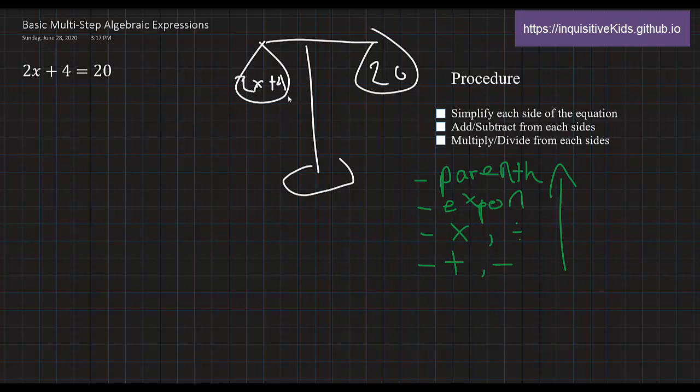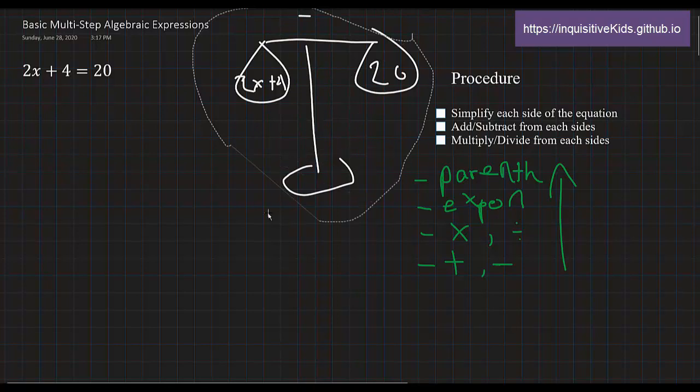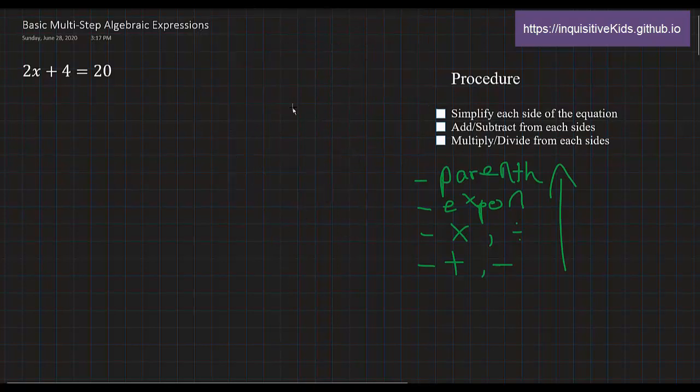So if we want to get rid of this 4 on the left side, we also have to get rid of the 4 on the right side if we want this to still be equal. So, how do we do that? Well, to get rid of the 4, we can subtract the 4 from both sides.